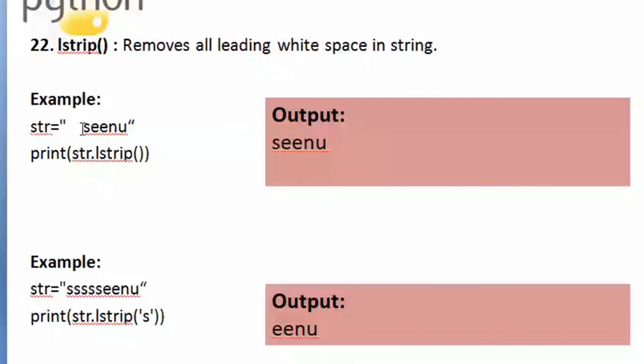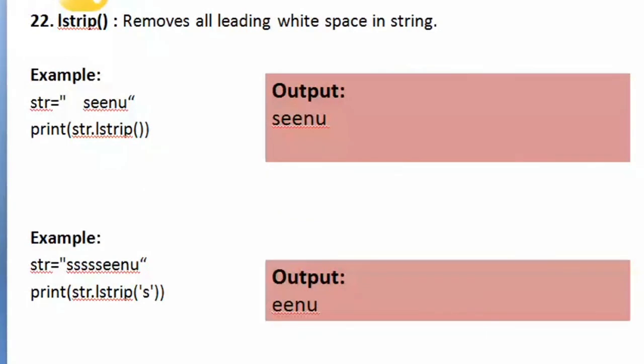I can also pass an argument, which is S. Then the leading characters which are S will be removed from the string. All the leading S's will be removed and it will say EENU. So this is the purpose of left strip. Clear?